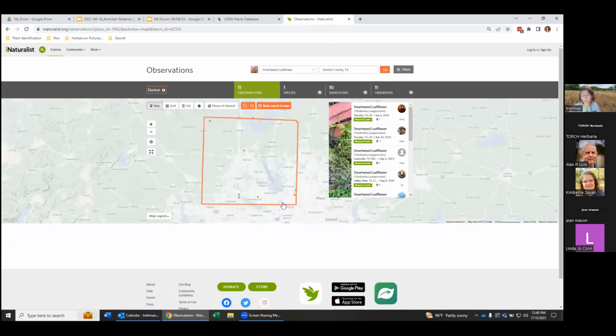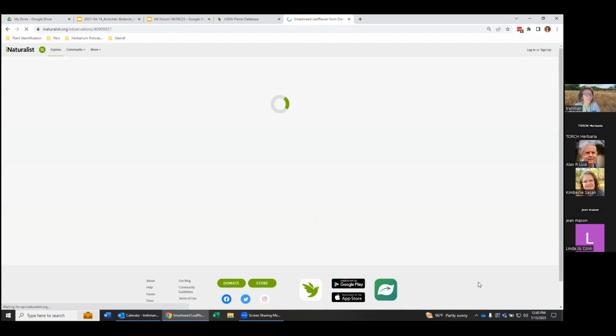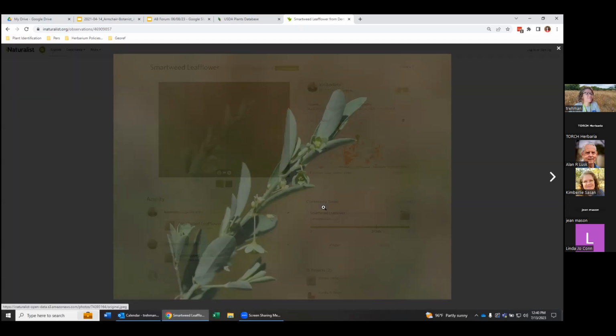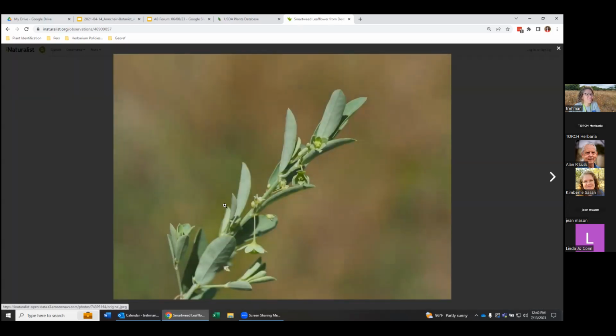There have been some observations of Phyllanthus in here. Yep, Kimberly. We found one of Kimberly's. So here we go, here's that Phyllanthus again. This is one of Kimberly's observations, who's on the call right now.